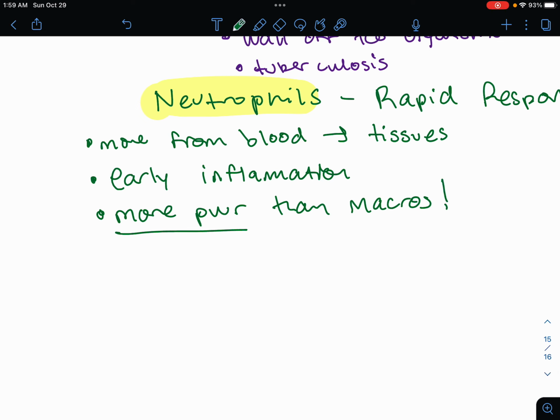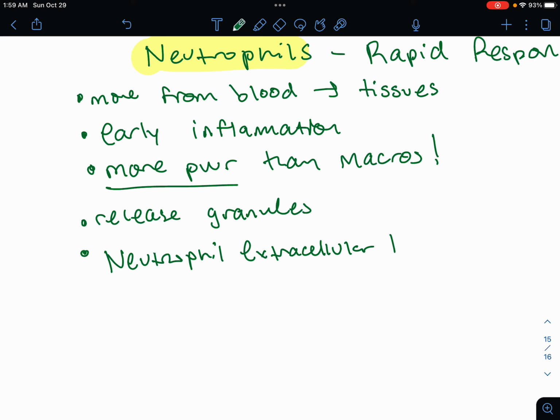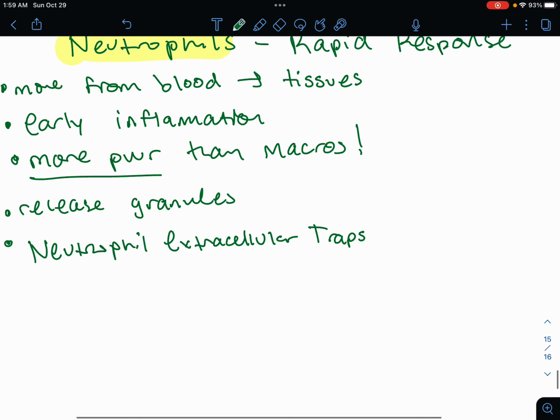Again, they're like a SWAT team. They're going to be releasing the granules as a mode of attack. They could also make these neutrophil extracellular traps or nets.